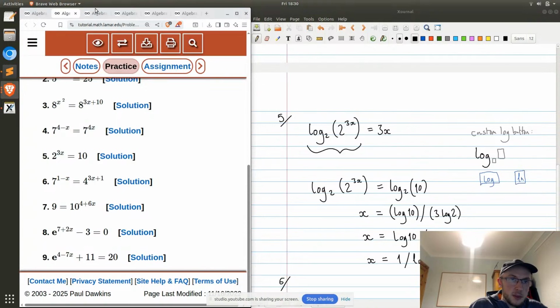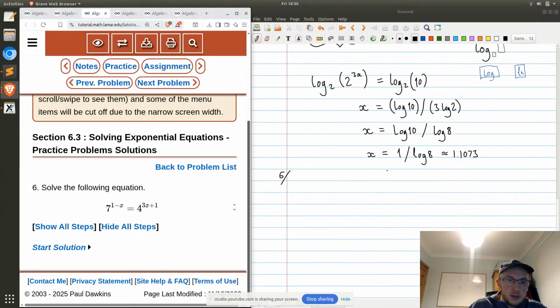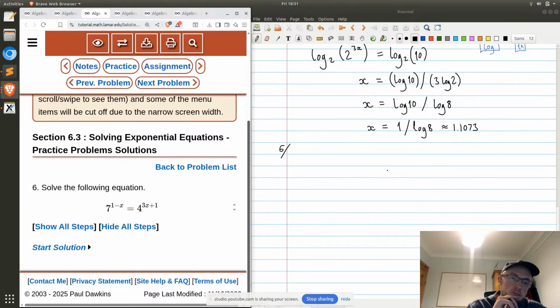So what the heck do we do? Well, you can take logs of both sides, why not?